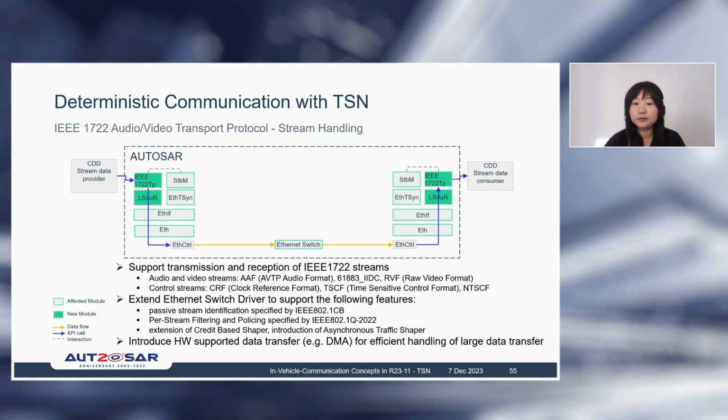understands AVTP audio format, understands also IEC 61883 and IIDC protocols for audio and video, as well as raw video format. Control streams can also be supported, like the clock reference format, allowing dissemination of a common clock to multiple talkers and listeners.